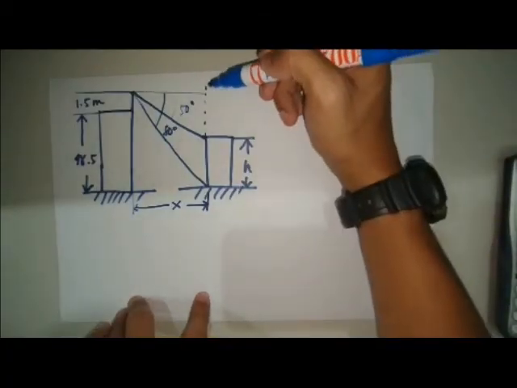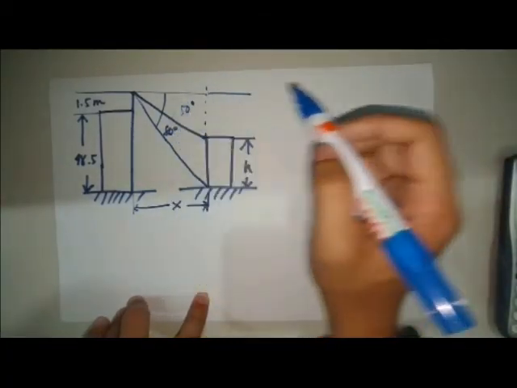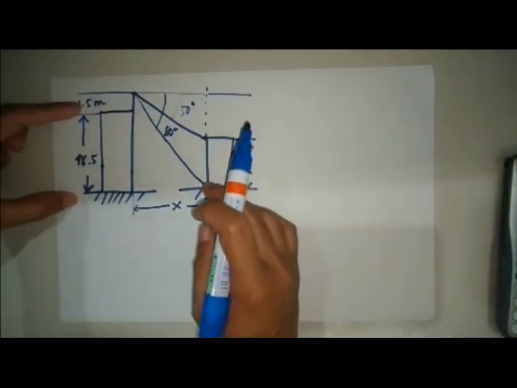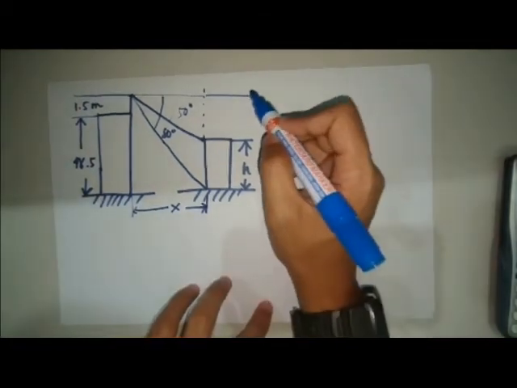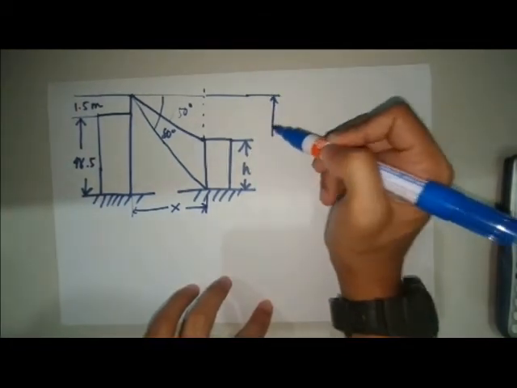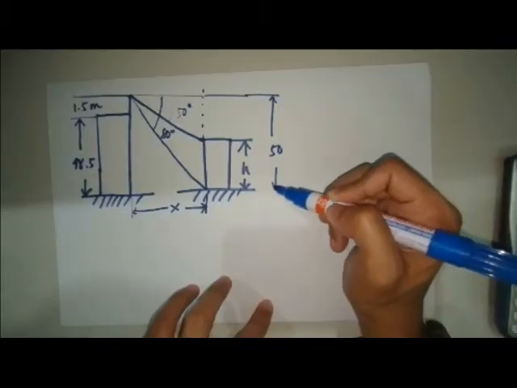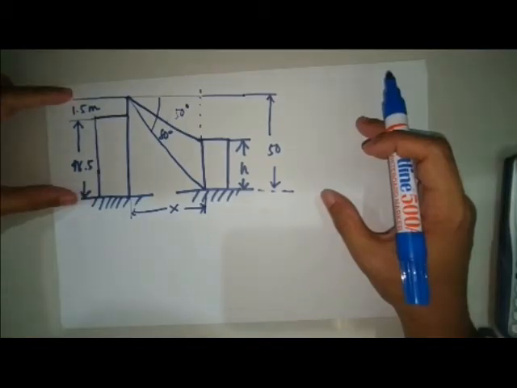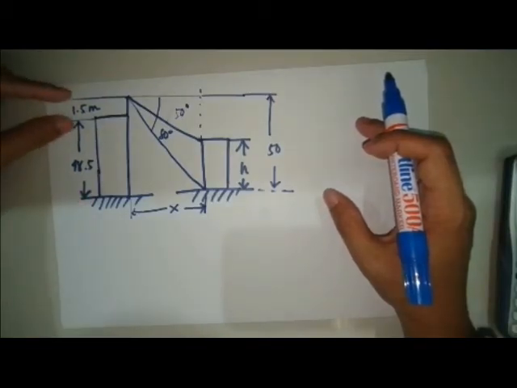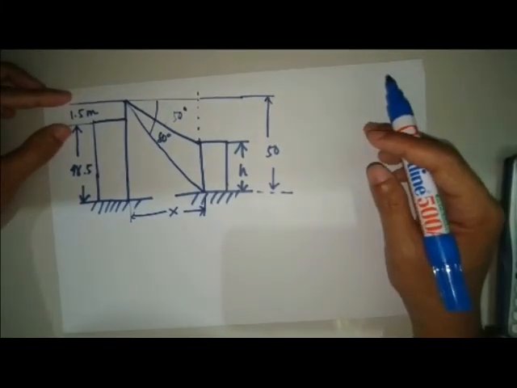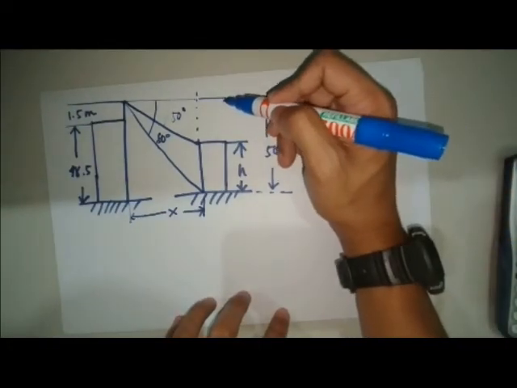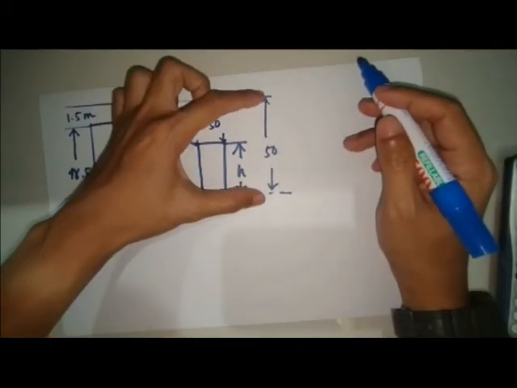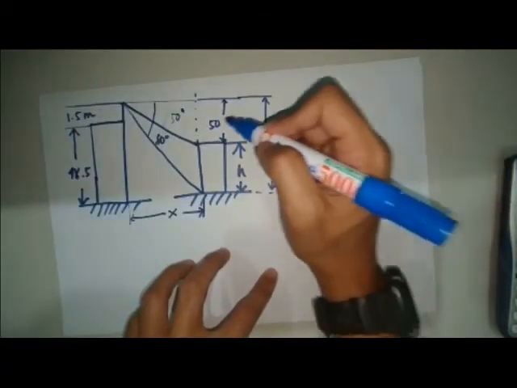If you can imagine this, this total height is 48.5 plus 1.5, which is 50 meters. So this height here is 50 minus h.